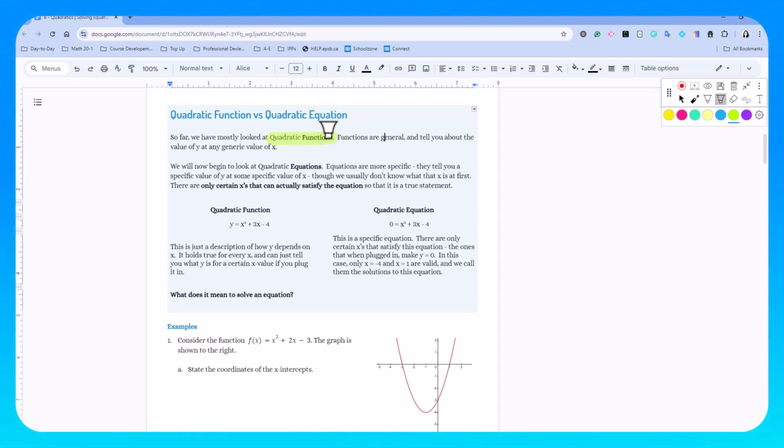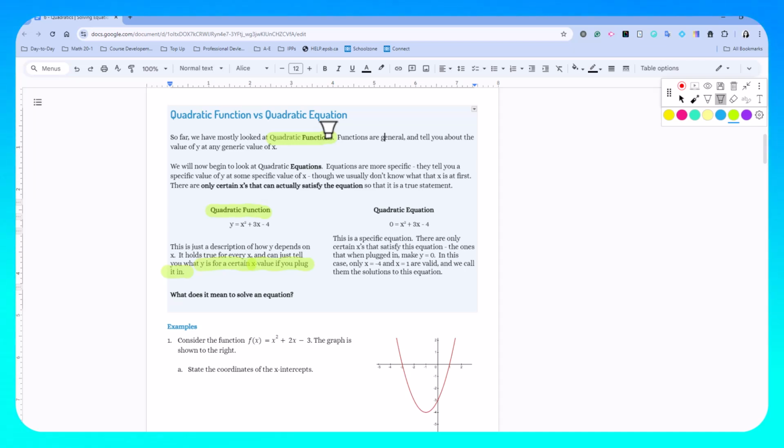For example, here we have a quadratic function where y equals x squared plus 3x minus 4, and we can pick any value of x, do a little calculation, and it spits out the y. So in other words, we can determine y for a certain value of x if we plug it in.